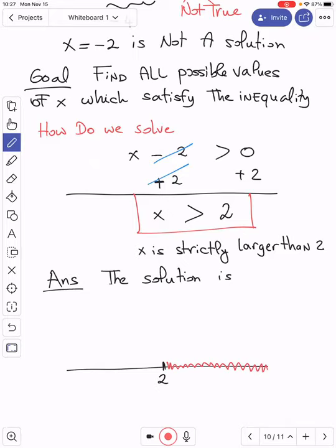Here, x cannot be equal to 2, it's strictly larger than 2, so we use the parenthesis at 2. We don't include the 2. So the solution here is from 2 excluded to positive infinity.